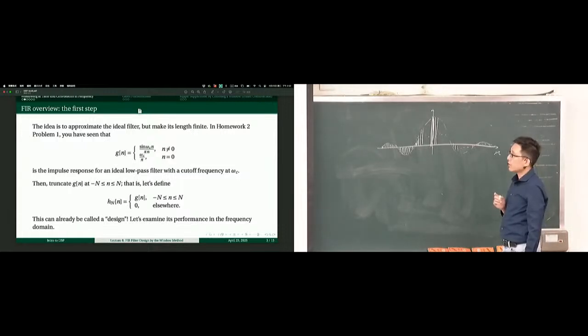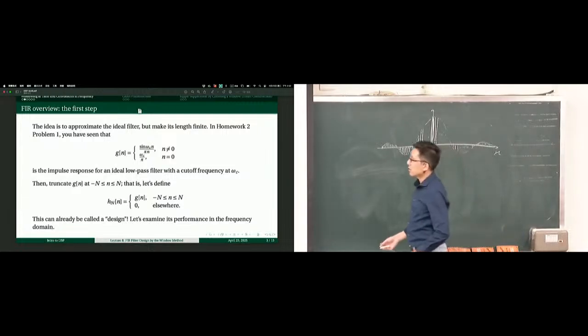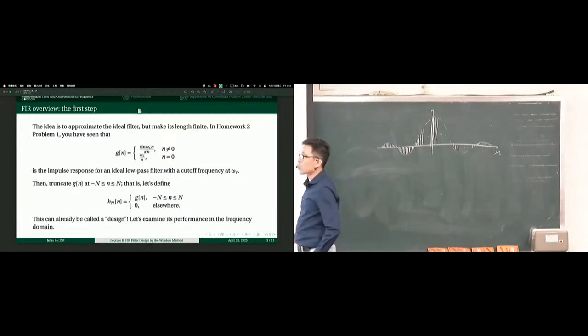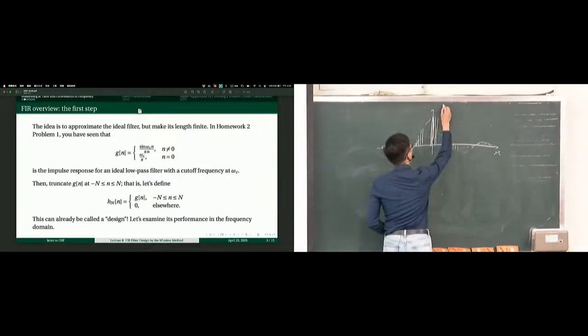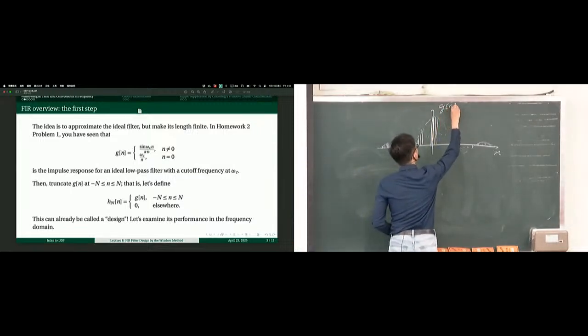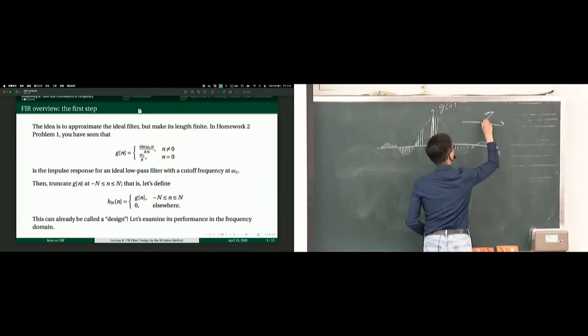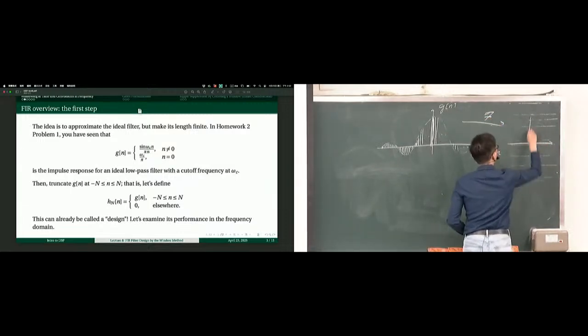Therefore, we suggest that it makes sense to truncate g of n. If this is our ideal filter, it's ideal in the sense that after the Fourier transform, the frequency response is low pass, with a cutoff frequency at small omega c.